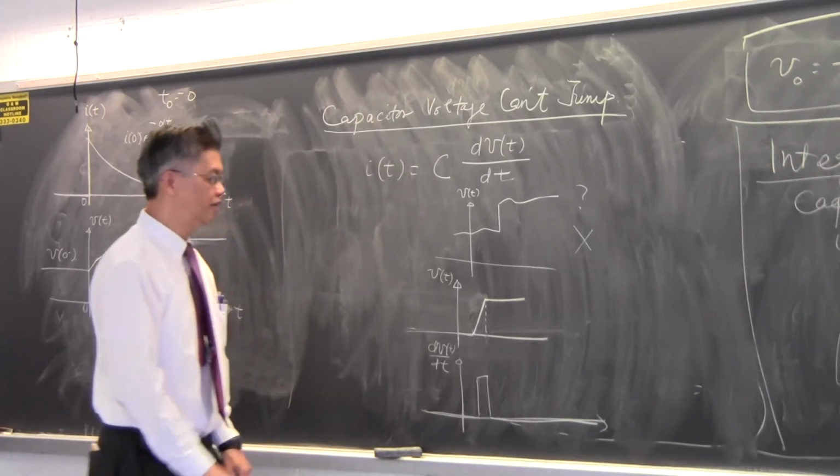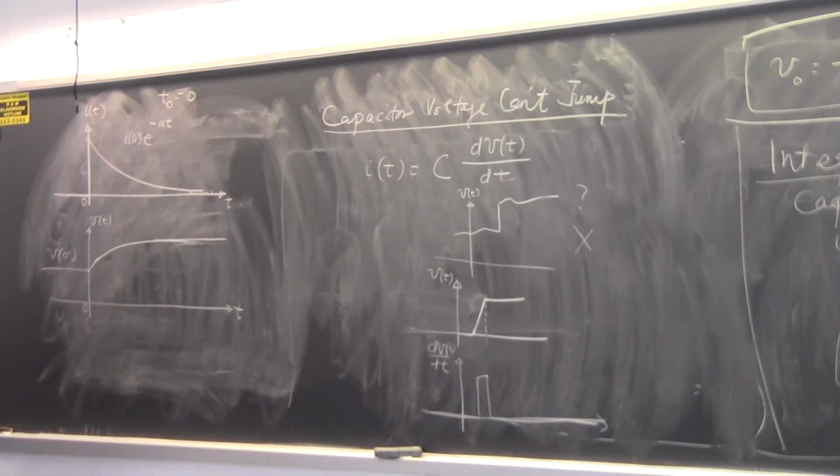So the derivative of a ramp function is a pulse. What happens if I make the ramp sharper and sharper, the slope steeper and steeper? The pulse gets taller and taller. That is called an impulse, something that you will learn and use again and again in electrical engineering.